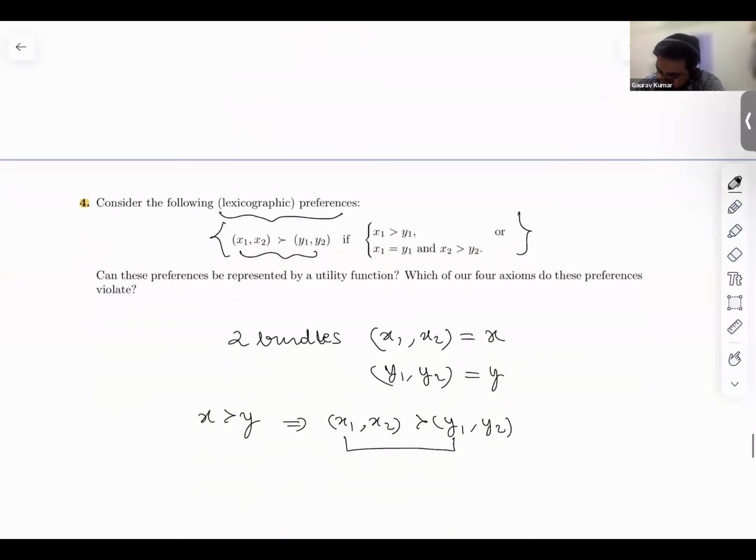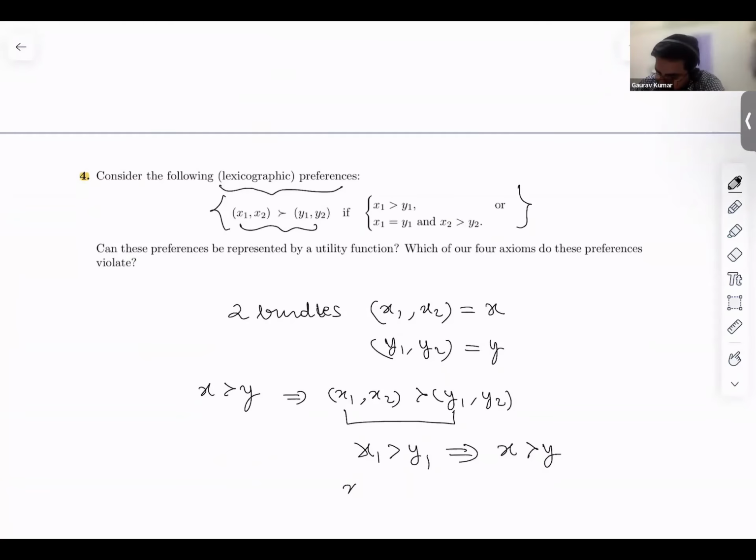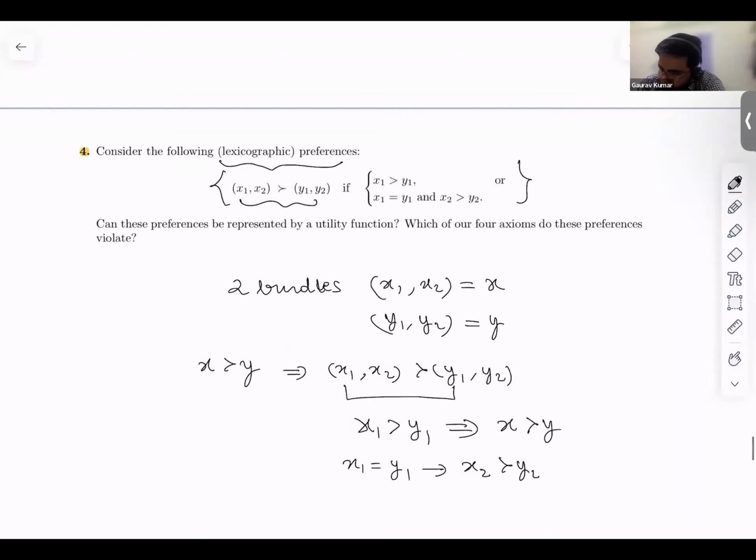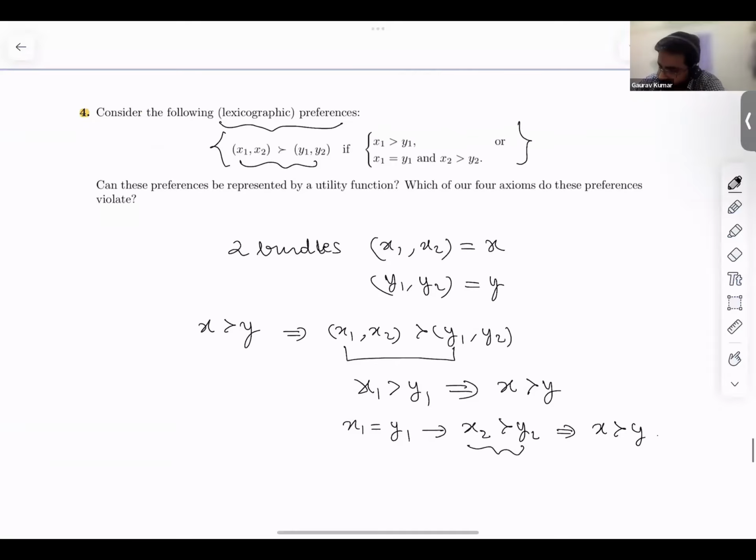If X1 is greater than Y1, you directly conclude that X is preferred over Y. But if X1 is equal to Y1, then you go to the second argument and see whether X2 is preferred over Y2. If this happens, then again you conclude that X is preferred over Y.